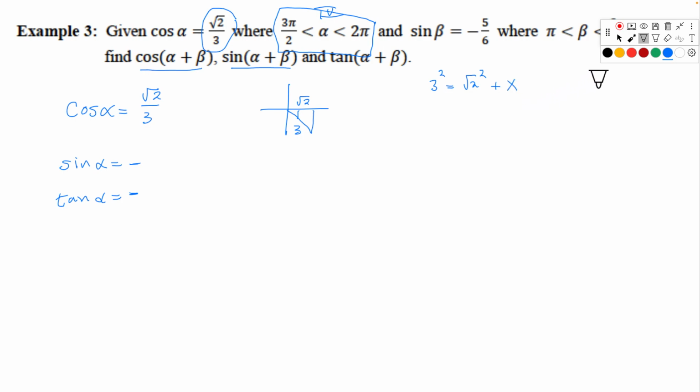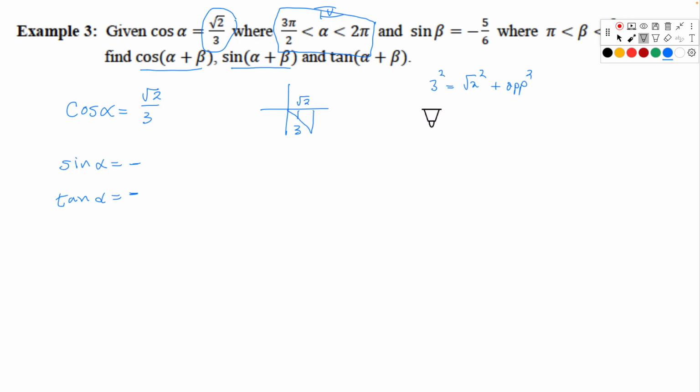We'll just call it OPP for opposite side, because x and y, we get confused.